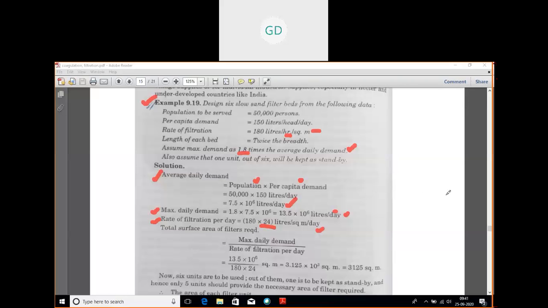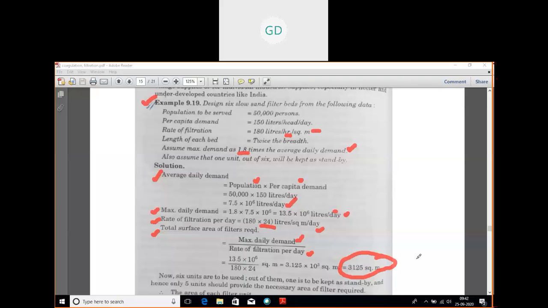What is the formula for total surface area? Maximum daily demand divided by rate of filtration per day. The maximum daily demand is 13.5 into 10 to the power 6, and the rate of filtration is 180 multiplied by 24. So the total surface area we got is 13125 square meter.